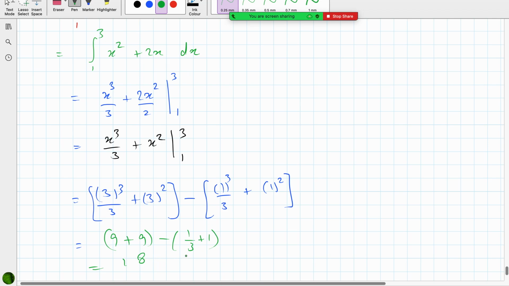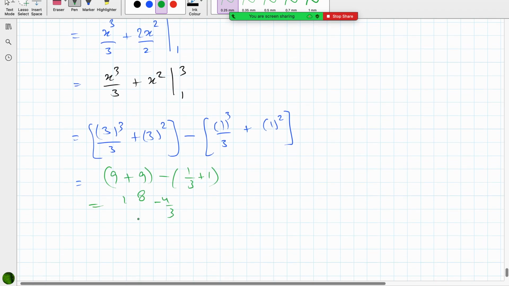Calculator, minus 4 by 3. Calculator is not working. So 50 by 3 unit square. If units are asked, it is unit square.